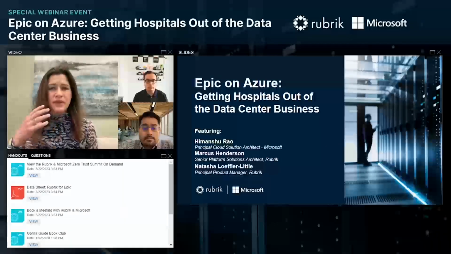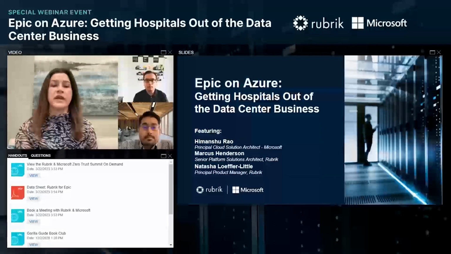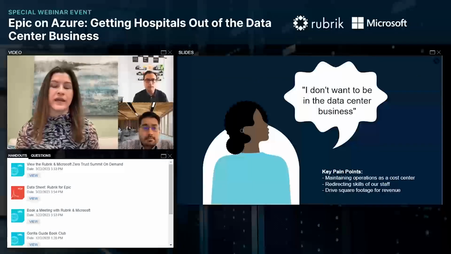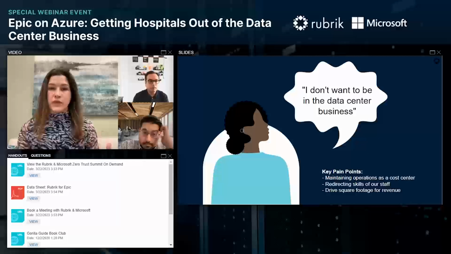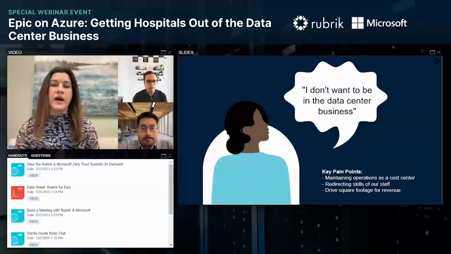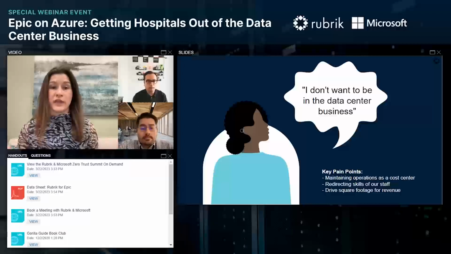So when we're looking at this from a Rubrik and Microsoft perspective, there are some common problems we know are already out there. And Himanshu, I'd love for you to take this first piece: the most common thing that we've heard from hospitals and other labs and such that are using Epic, who are considering the burden of managing data centers on-prem, is just the simple, I don't want to be in the data center business.